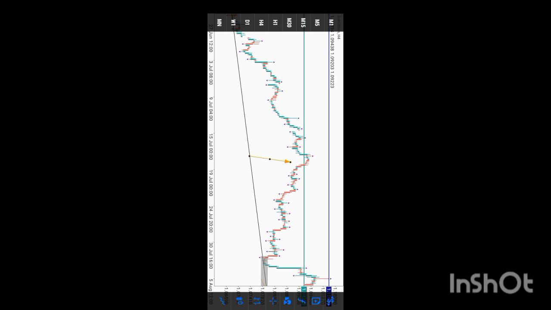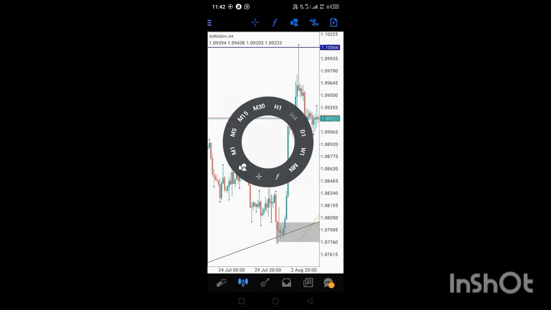So what else have I not said? Nothing much again. When you place your phone in portrait like this, when you tap, you still see the same thing. M1, M5, M15, M30, these are the time frames.